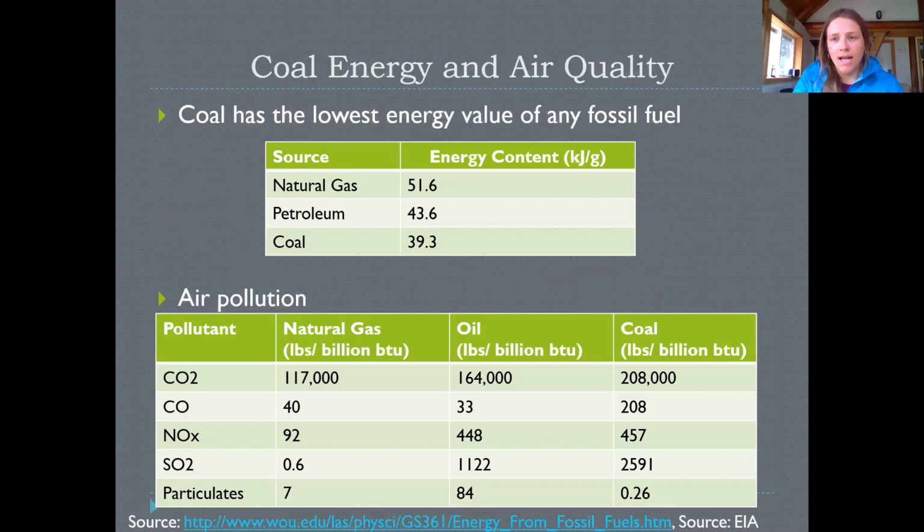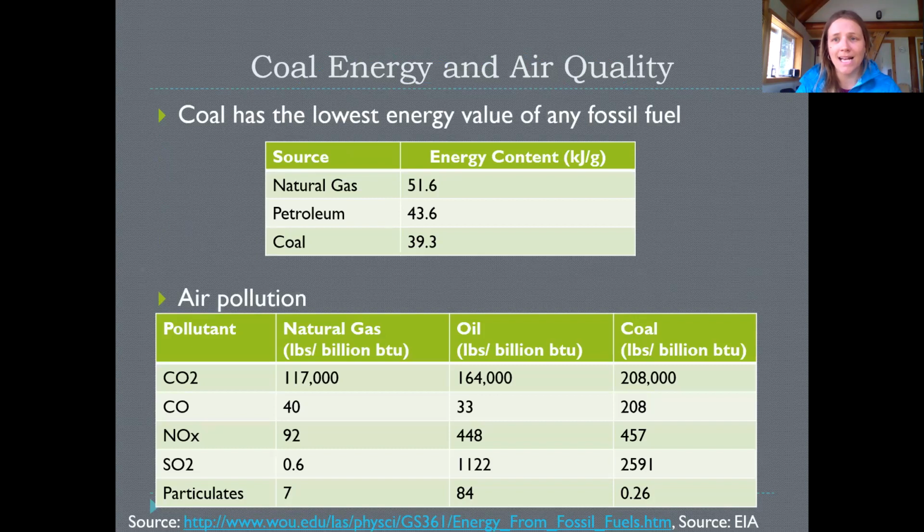Okay, so that's an ingenious idea, but we already mentioned some of the downsides: first of all, the local impact of the mining, but then, as we mentioned, there's also a lot of impact to the atmosphere. So first of all, coal contains less energy per pound or per gram of coal burned compared to the other fossil fuel types.